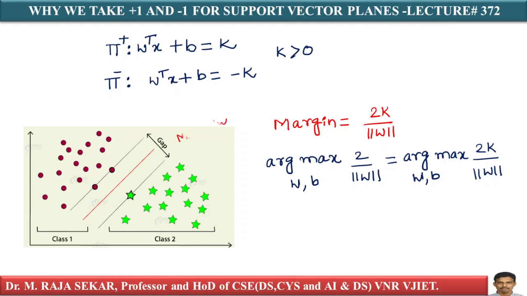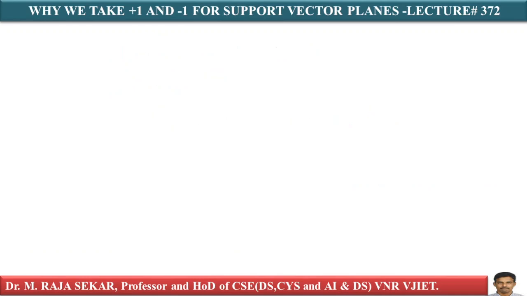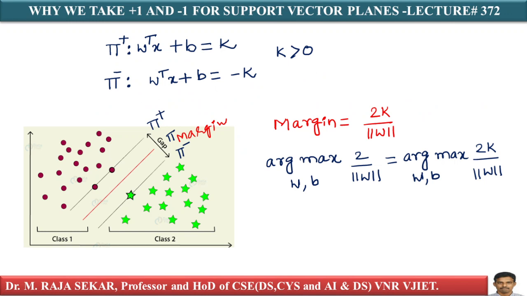Let me take one simple example. If k equal to 4, what happens? This value will become 2 into 4, 8 by norm w, isn't it? What does it mean?